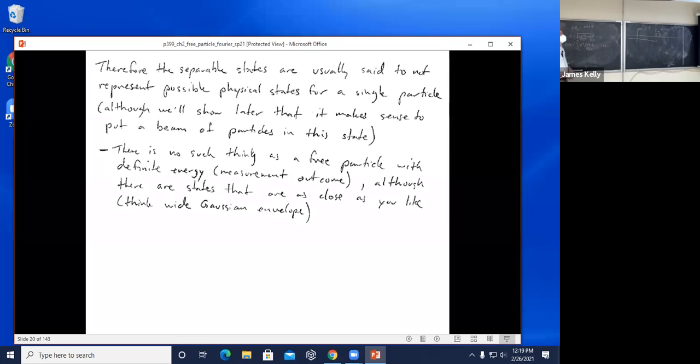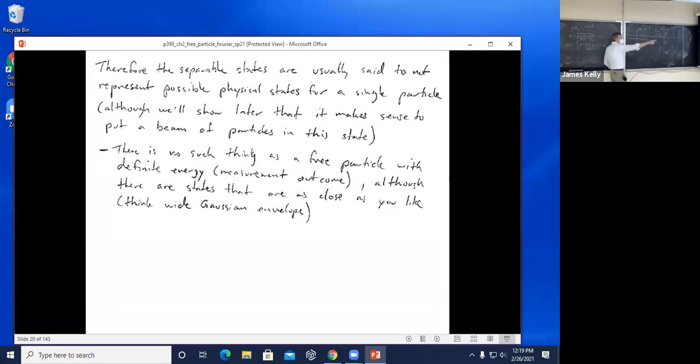And that means there's no such thing as a free particle with definite energy or definite momentum either. You can't have a particle with definite momentum or definite energy. There's no way to build that state. We can't even know how to think about it in terms of probabilities. But we know from our work in chapter 1 that we can get really close to that state, as close as we want.